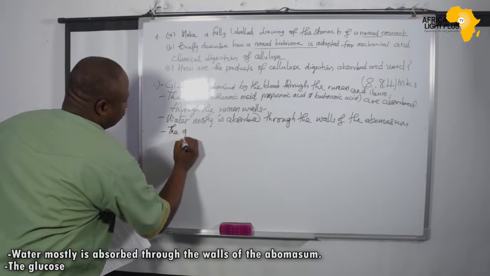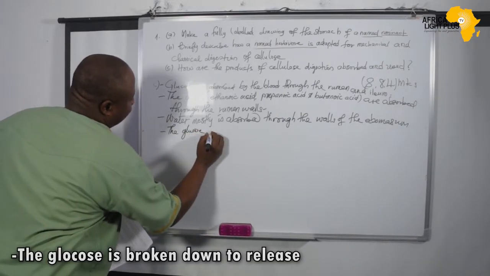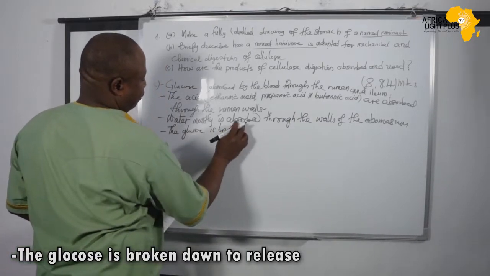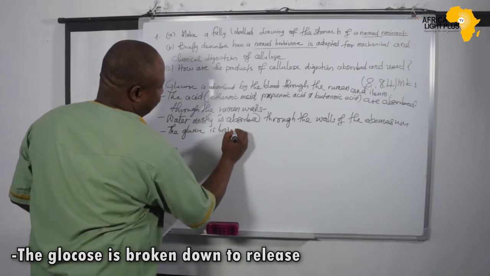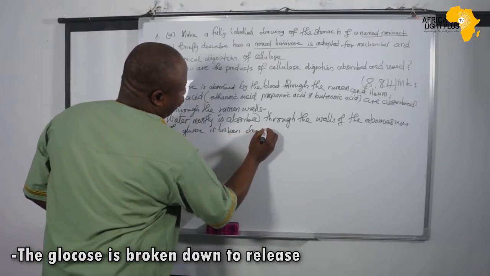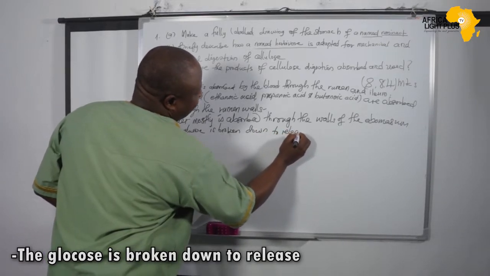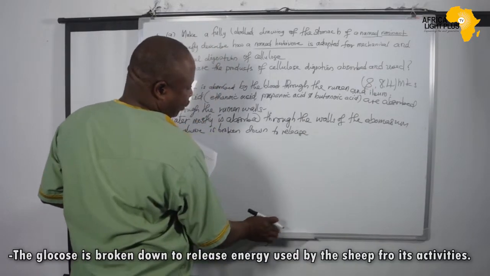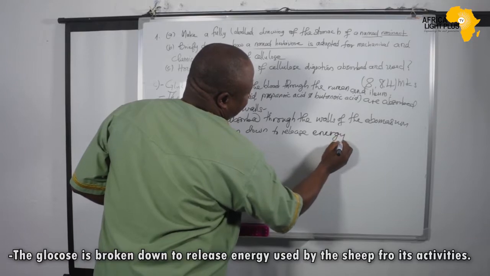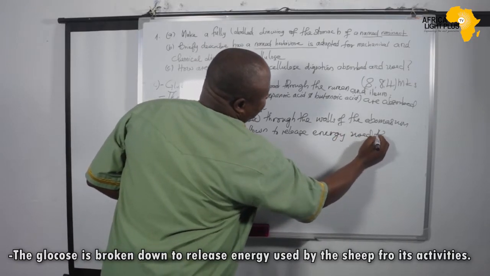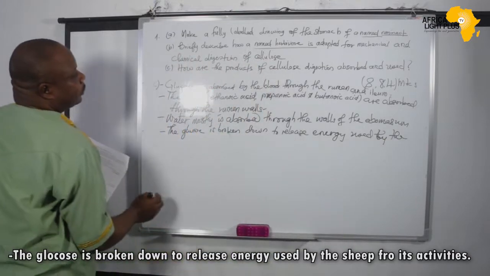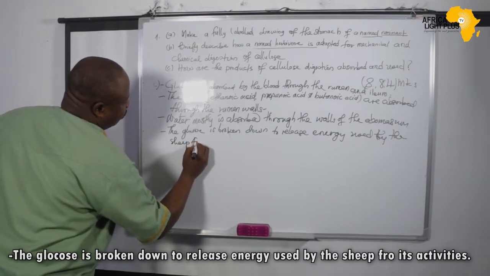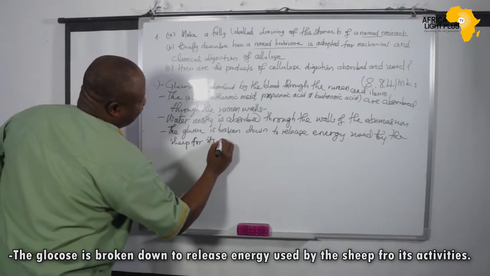Now the glucose is broken down to release energy used by the sheep for its activities.